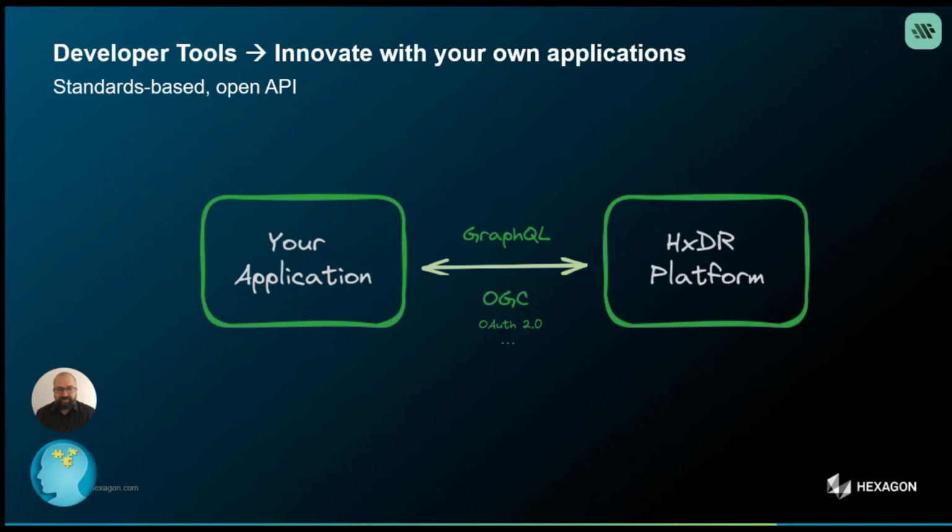We use the same APIs, the same interfaces to build Reality Cloud Studio against the platform, and the same can be used by any application that is built on top of the platform. Nothing really proprietary goes into this. We use open web standards to make it easy, accessible, and make sure that anyone can get powered by HxDR.